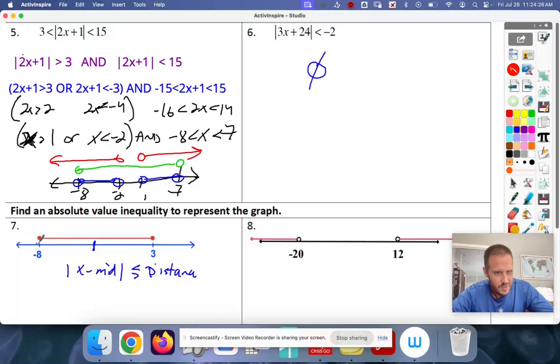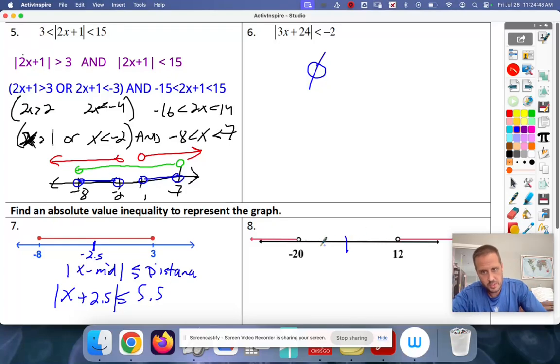Okay, so what's the midpoint of -8 and 3? Well, if you add them up and divide by 2, -5 over 2 is -2.5. So x minus that is x plus 2.5, absolute value, less than or equal to, because we want to be within that distance of 5.5.